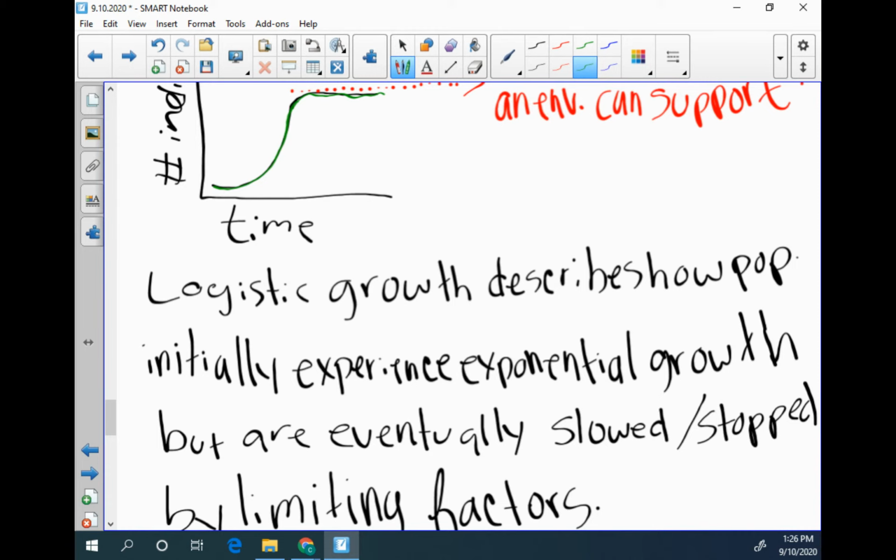Tragically, in nature, it's not quite that simple. These are excellent models to show us a general idea of what goes on. But in reality, stuff's a little wonky.